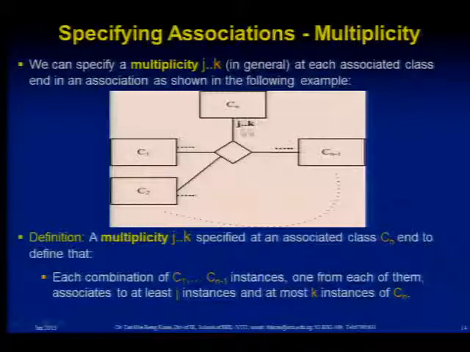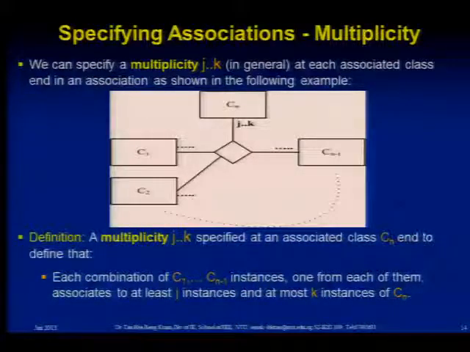If we have a multiplicity j..k here, the meaning is that for every combination of C1 to Cn minus 1 objects, where n is the associated class Cn, for each combination of objects, one from each remaining associated class, it is associated with at least j Cn instances and at most k Cn instances.